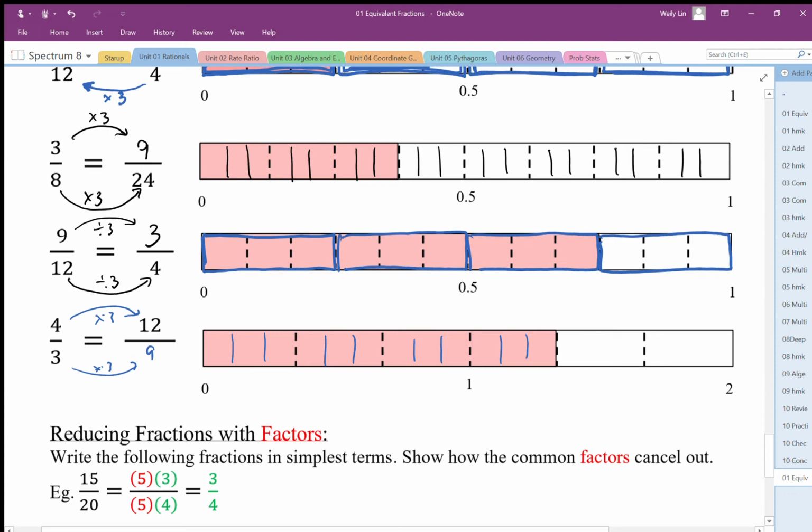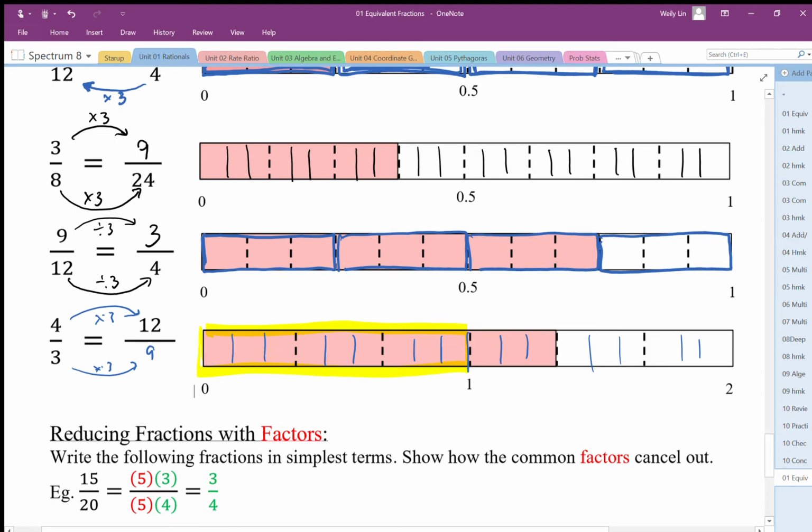And then you can see that I have my 1, 2, 3, 4, 5, 6, 7, 8, 9 parts that make up my whole. I'm going to highlight my one whole piece. So there's my 9 parts that make up the whole, compared to my 12 parts.